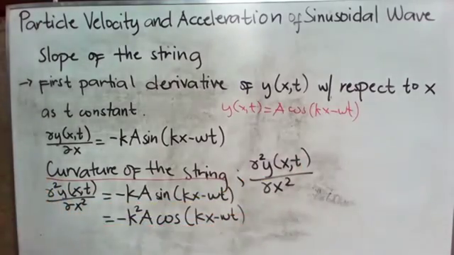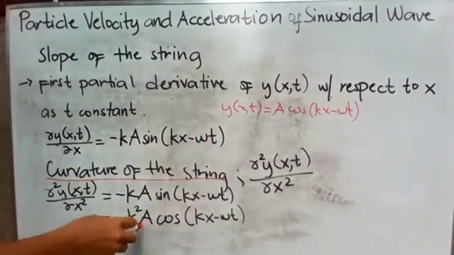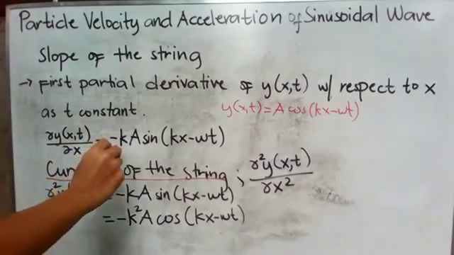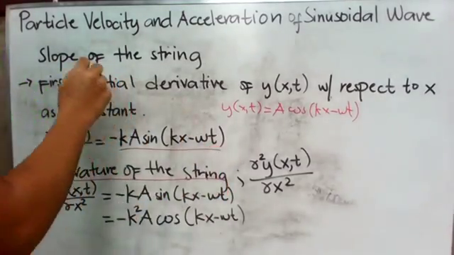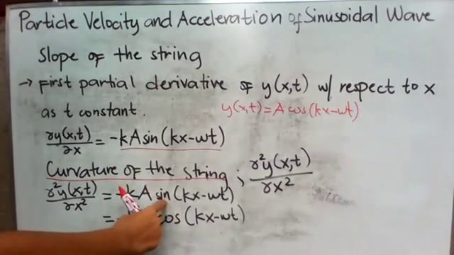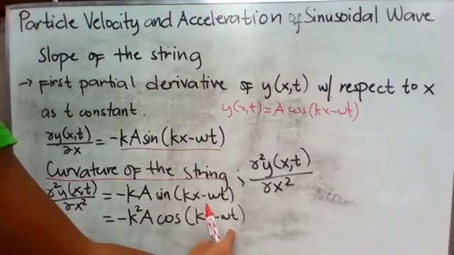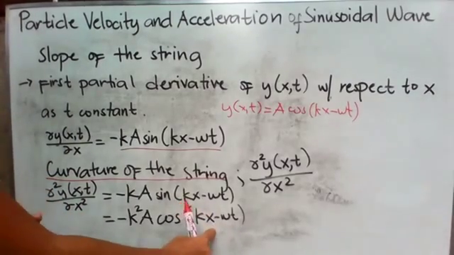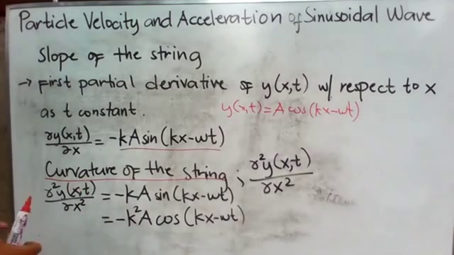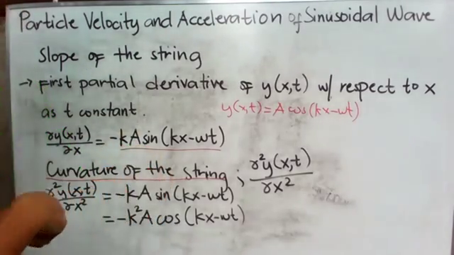Starting from the first derivative, the slope of the string, we derive again: the derivative of sine is cosine, and when we derive the inside with respect to x we get k. So k times k gives k squared, so we have negative k² A cos(kx − ωt).